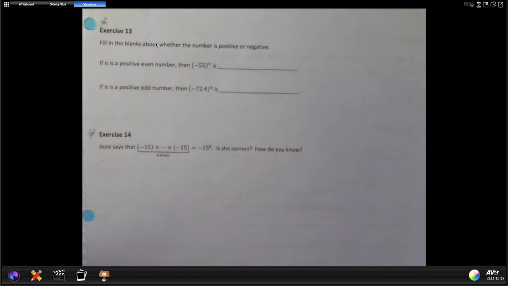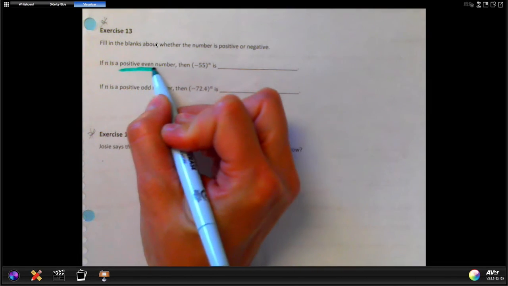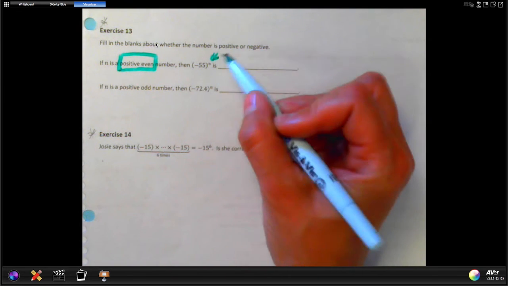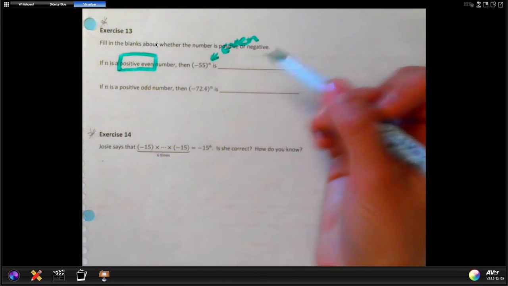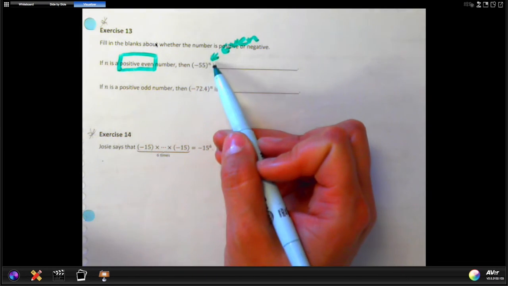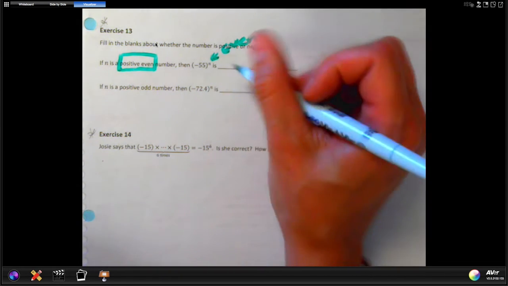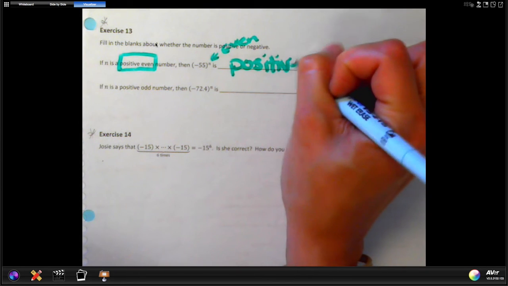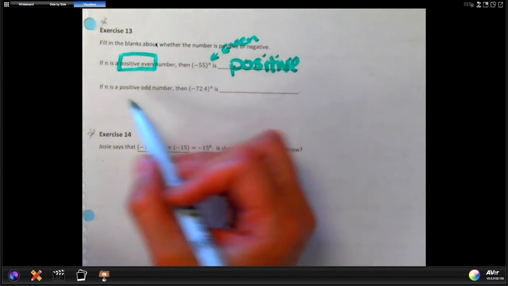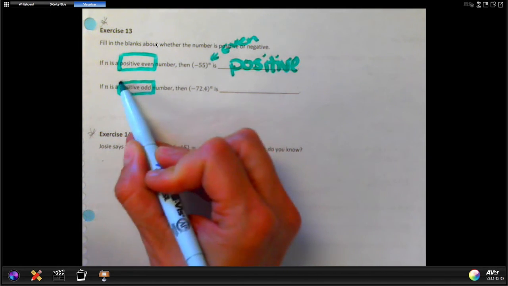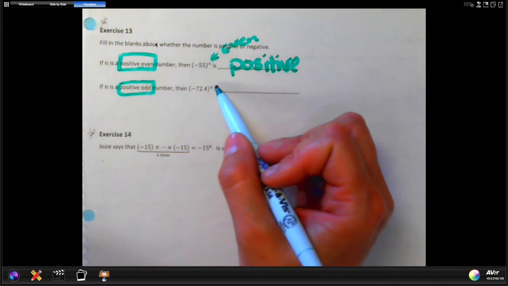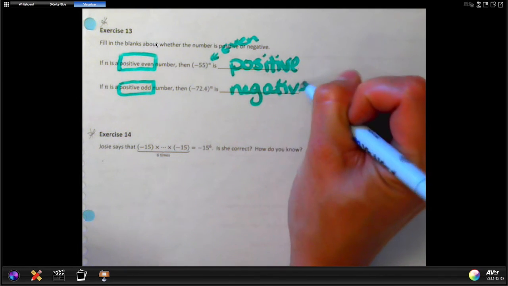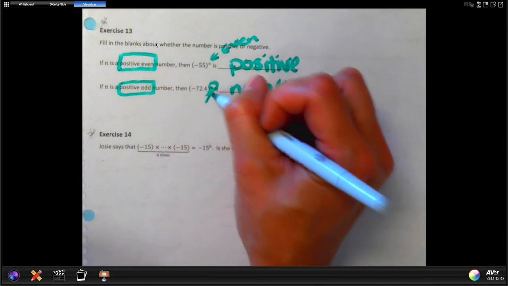So if n is a positive even number, this exponent is even, it tells us that -55 to the even power has to be positive. Even exponents are positive. If it is a positive odd number, then -72.4 to the n power has to be negative, because this is telling you that's odd.